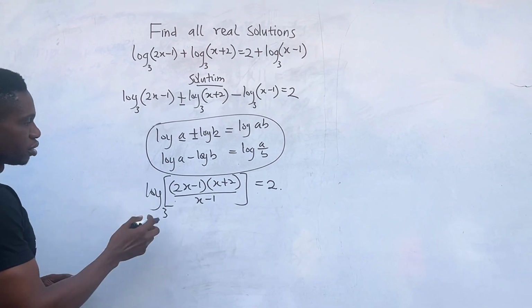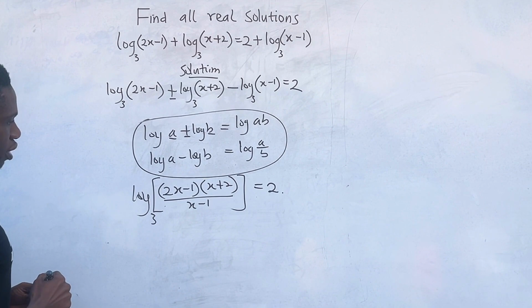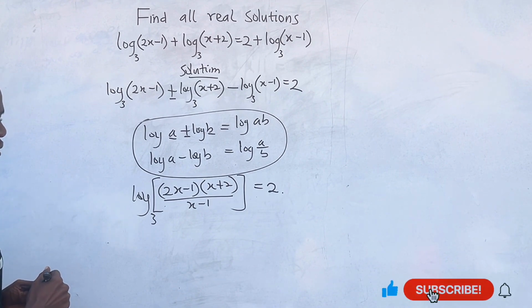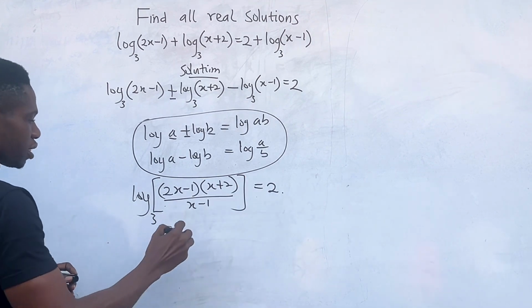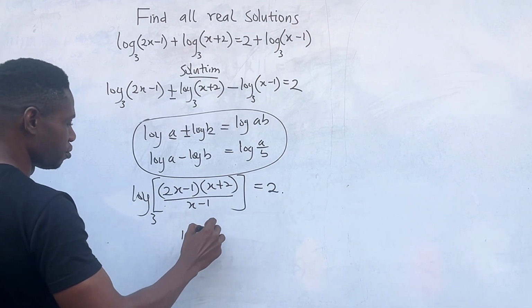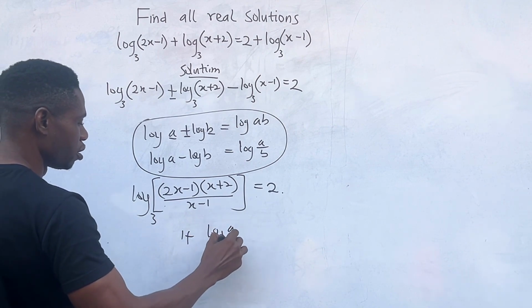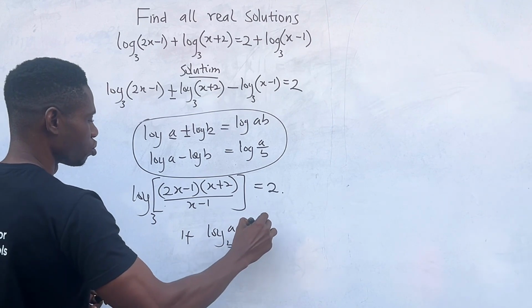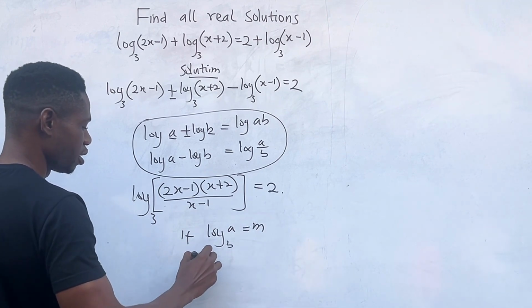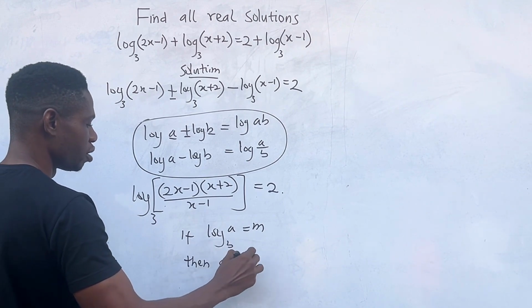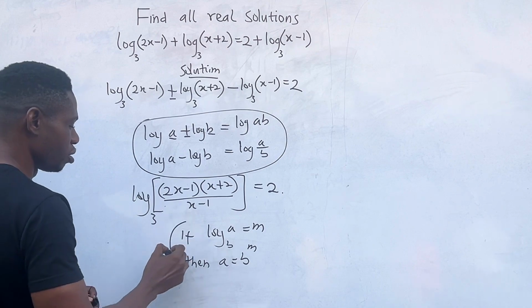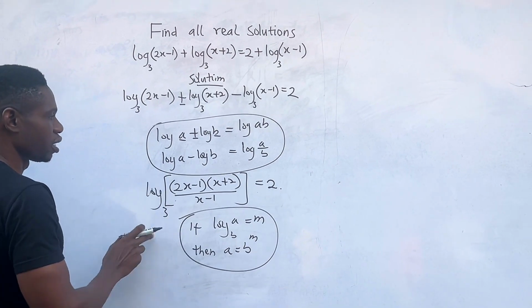Now from here, we can take away the logarithm. Remember the law that says if you have log A to base B equal to m, then A, the number, will be B raised to the power m. Remember this law, and let's work with it.